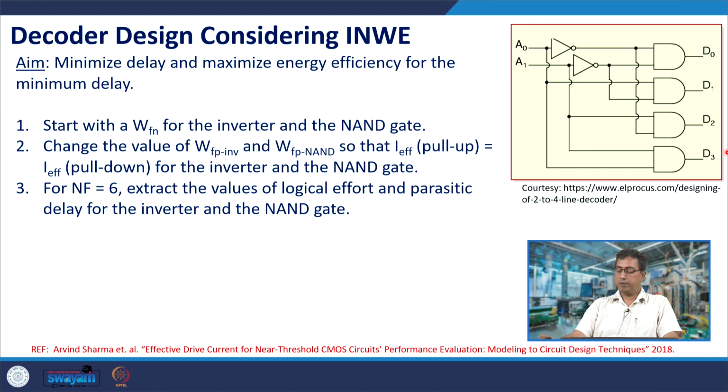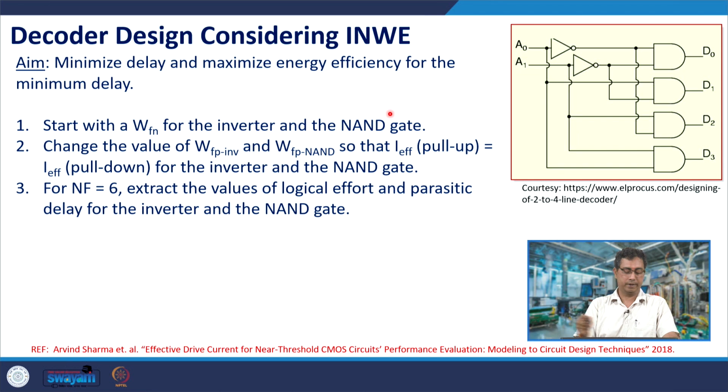The procedure that we will follow is on the lines of the procedure that we followed for buffers in the previous lecture. We will start with an arbitrary but realistic value of width of the finger of the N MOSFET for the inverter and for the NAND gate. We will keep it the same for both.